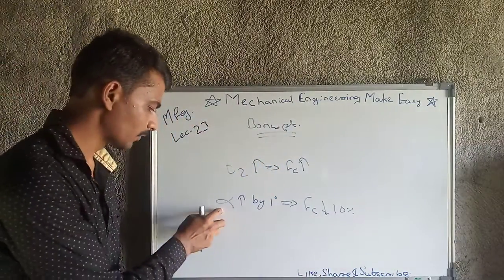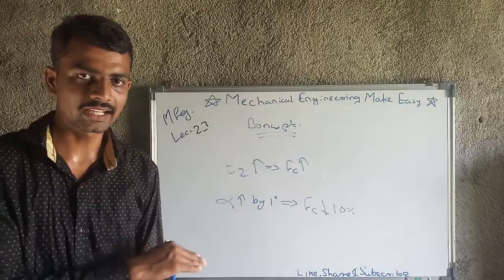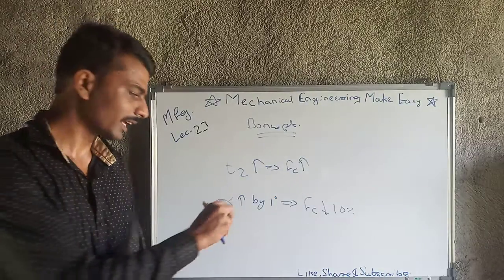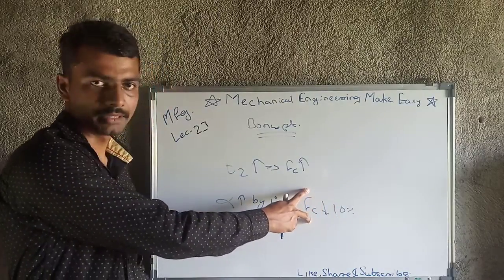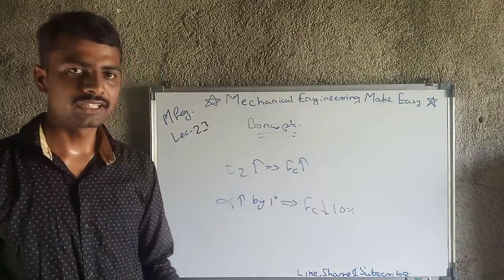Alpha is the rake angle, and if the rake angle increases by 1 degree, that change will reduce the cutting force by 10%.